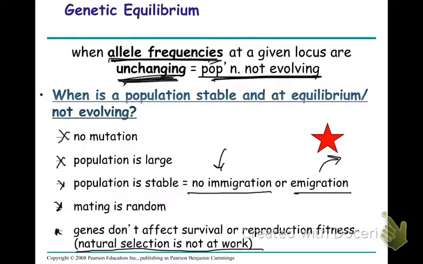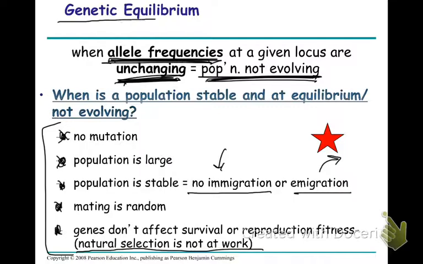Meaning, if all of these conditions are the way they are, then all of the allele frequencies will be unchanged. And then you can say the population is not evolving, and you have Hardy-Weinberg's genetic equilibrium present. Okay, let's talk a little more in the next slide.